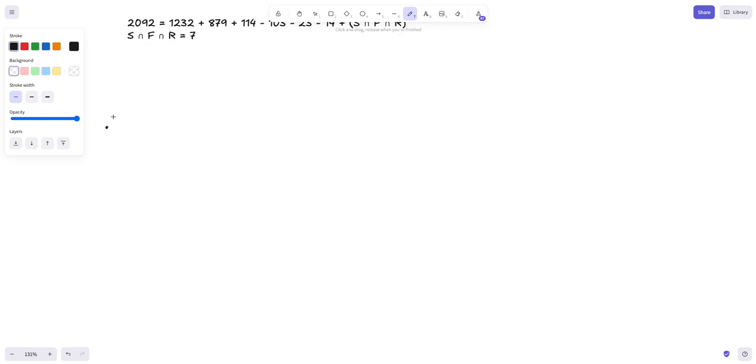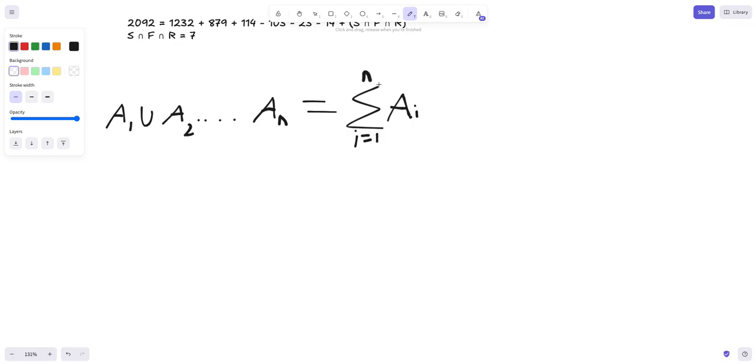So assuming we have A1 union A2, and that goes all the way till An, the way we would express that is the summation of Ai, where i is equal to 1, and it goes all the way to n. And then we subtract all the intersections that we discussed.